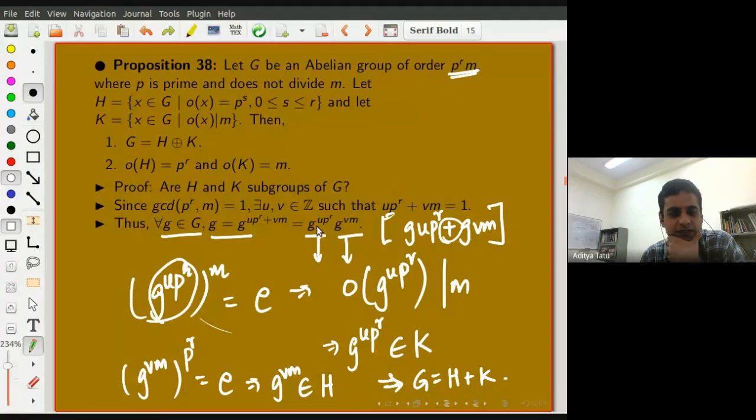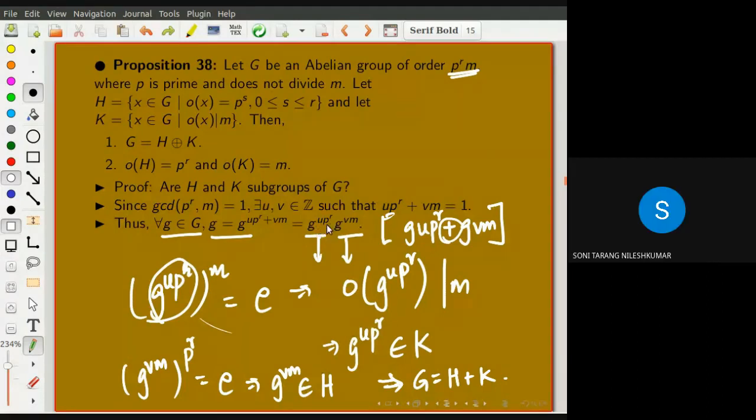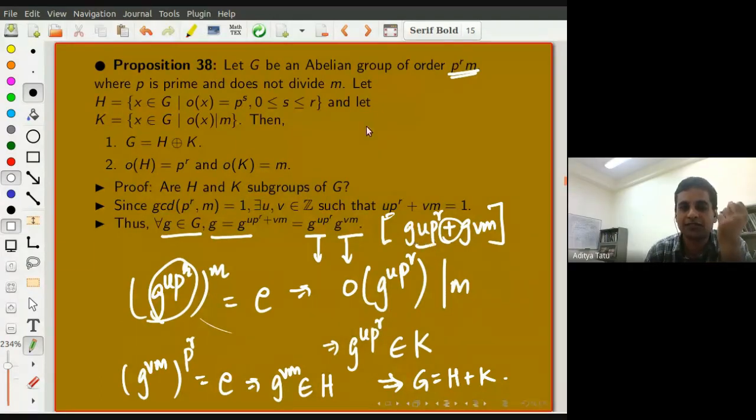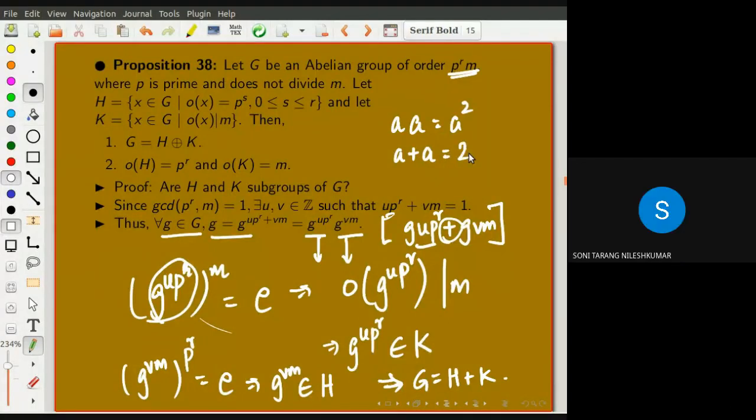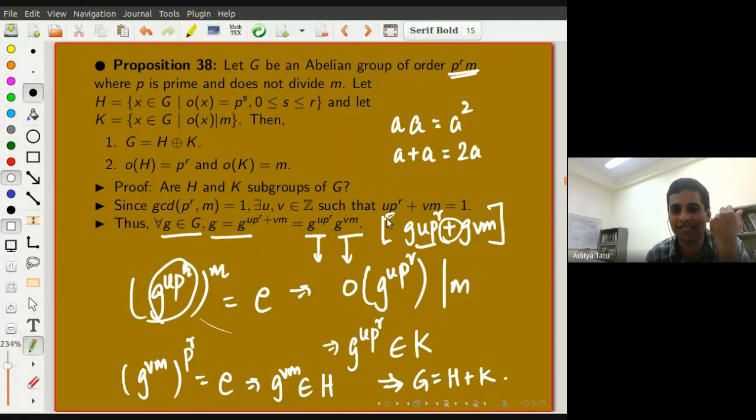If I want to do A into A, I use the notation A squared. But if my group operation is plus, how do I denote A plus A? 2A. So that is what is happening.